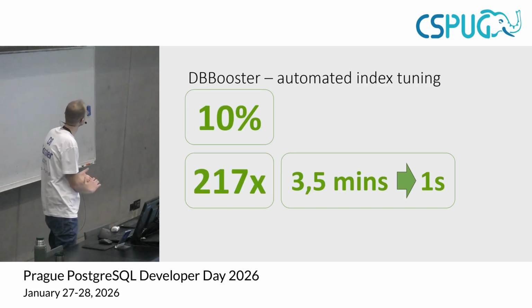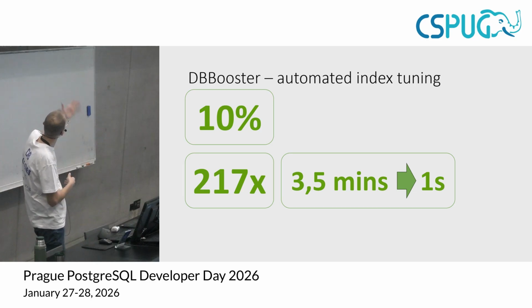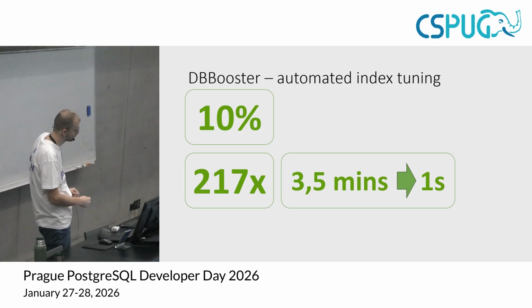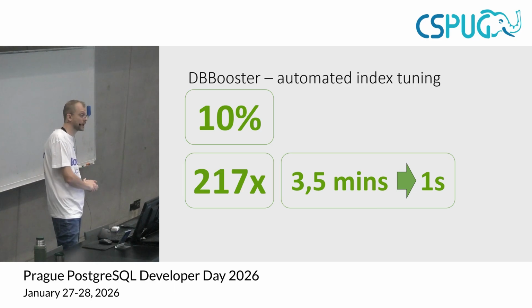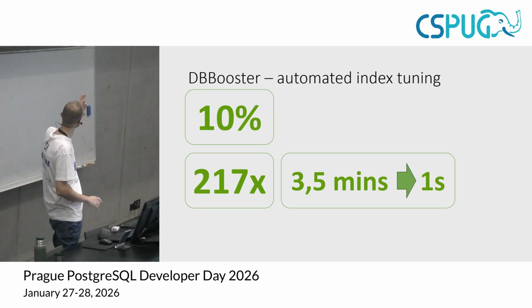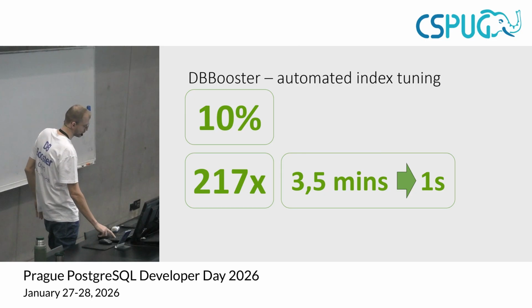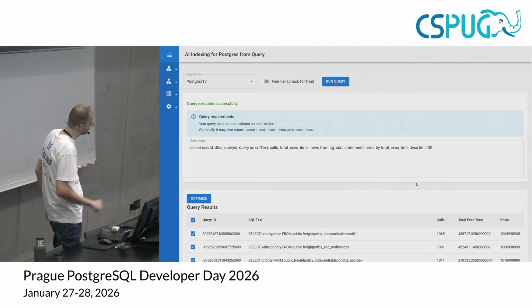And it's because of that I built DBbooster. It's an automated indexing tool. On average, we speed up 10% of the slowest queries. Average speedup is 217x. That's like 3.5 minutes to a single second. It's a very straightforward tool. You pick your queries.